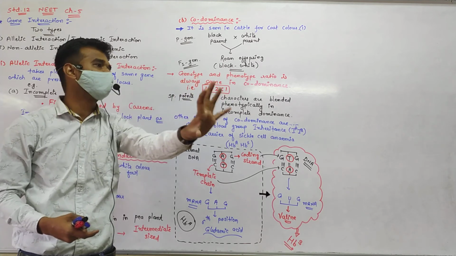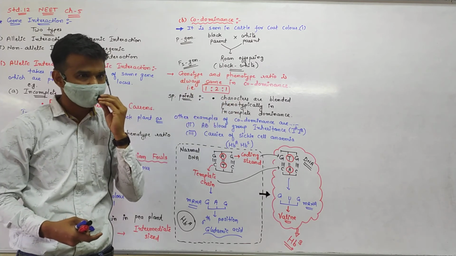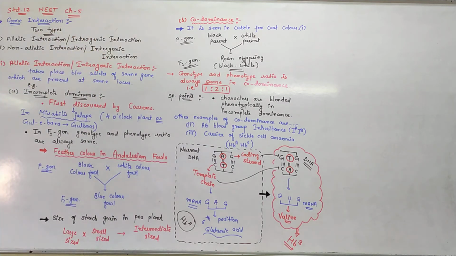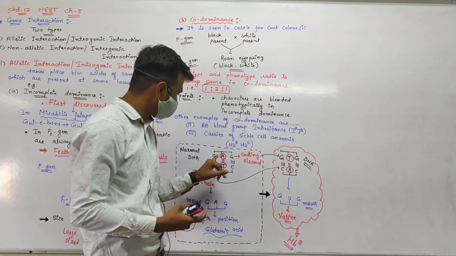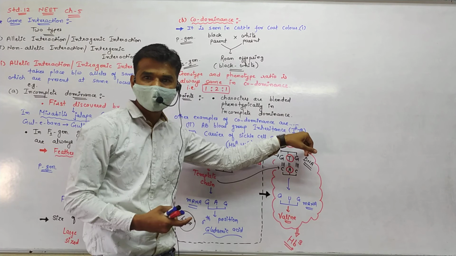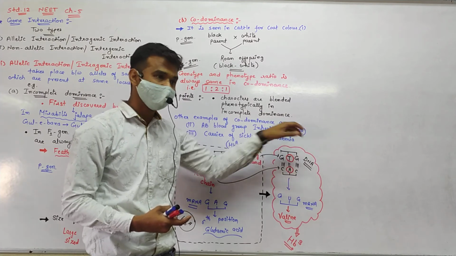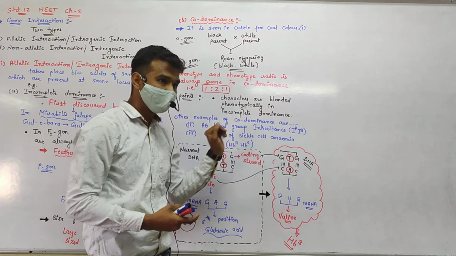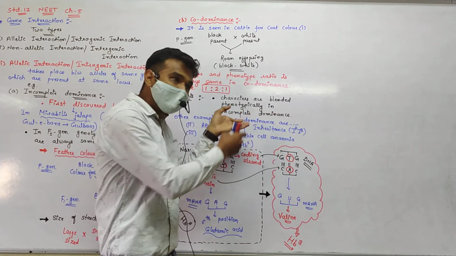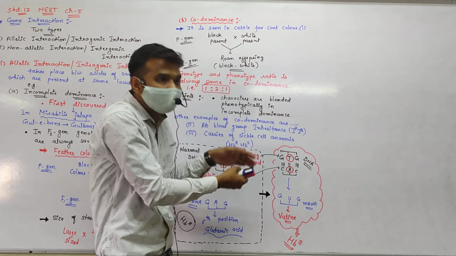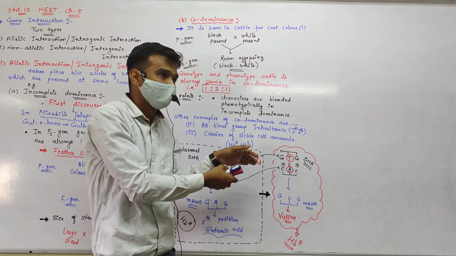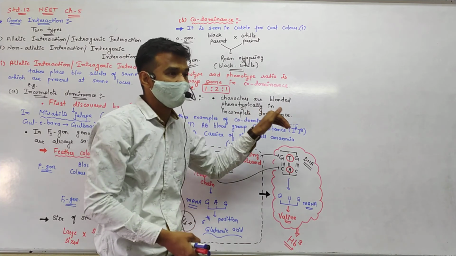Template chain and coding strand are not present on the mRNA strand. It is always in the DNA itself. So on the coding strand, what happened? On the coding strand, purine is replaced by pyrimidine. This is the main signal. As a result, in the complementary strand of the DNA, which acts as a template chain, pyrimidine is replaced by purine.